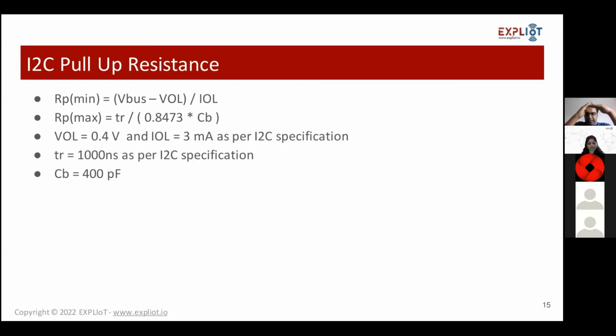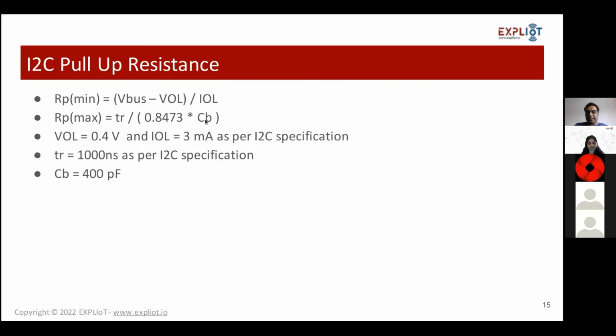This trapezoidal part is the rising edge and the falling edge. Ideally, it rises at the same instant, holds the clock high, then falls off immediately. That instantaneous behavior is not possible in a practical scenario, and that's why the rise time and fall time are specified for the clock as well as the data. This is mentioned to be around 1000 nanoseconds.